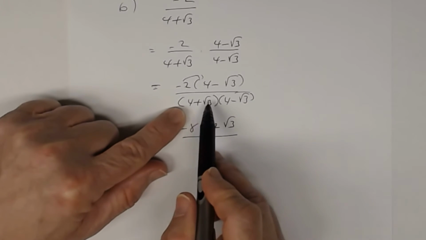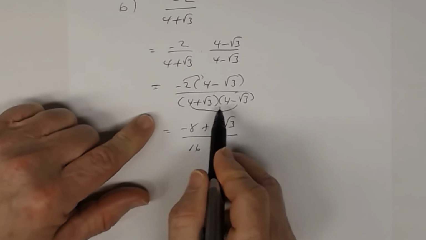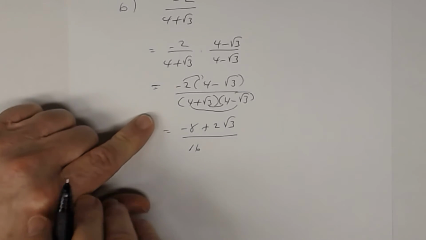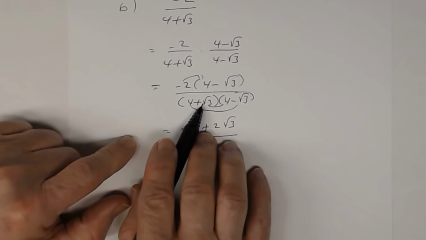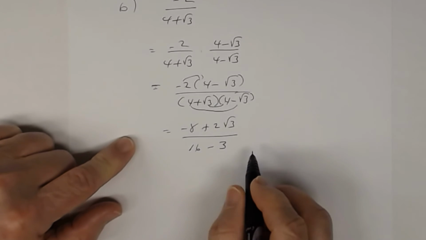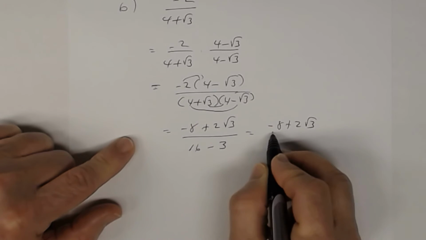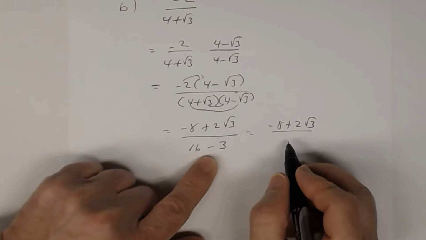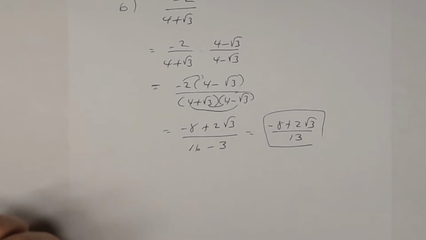FOIL. 4 times 4 is 16. The outer and the inner will add up to be 0 because those are conjugates. The last, a positive square root of 3 times a negative square root of 3 is a negative 3. So you get negative 8 plus 2 square root of 3 divided by, and then 16 minus 3 is 13. And there's your answer. Okay?